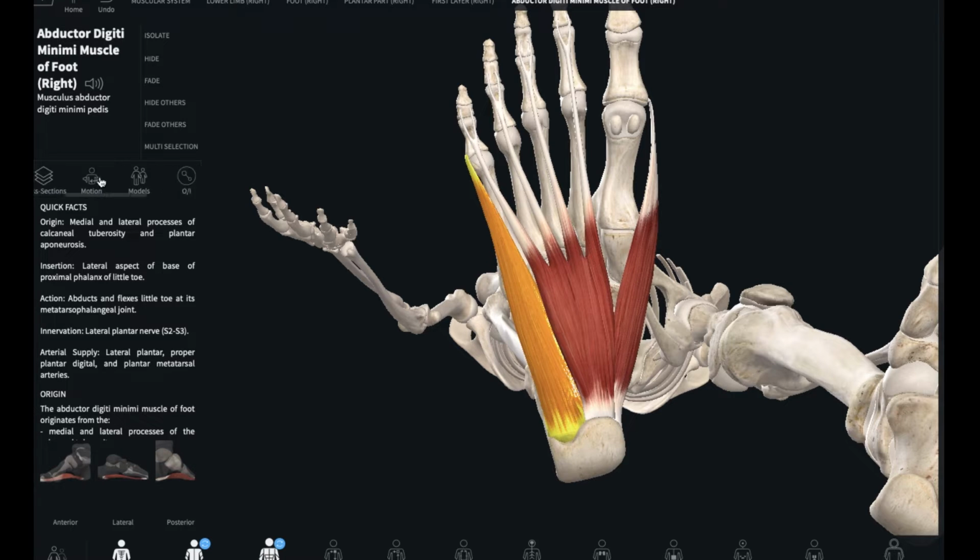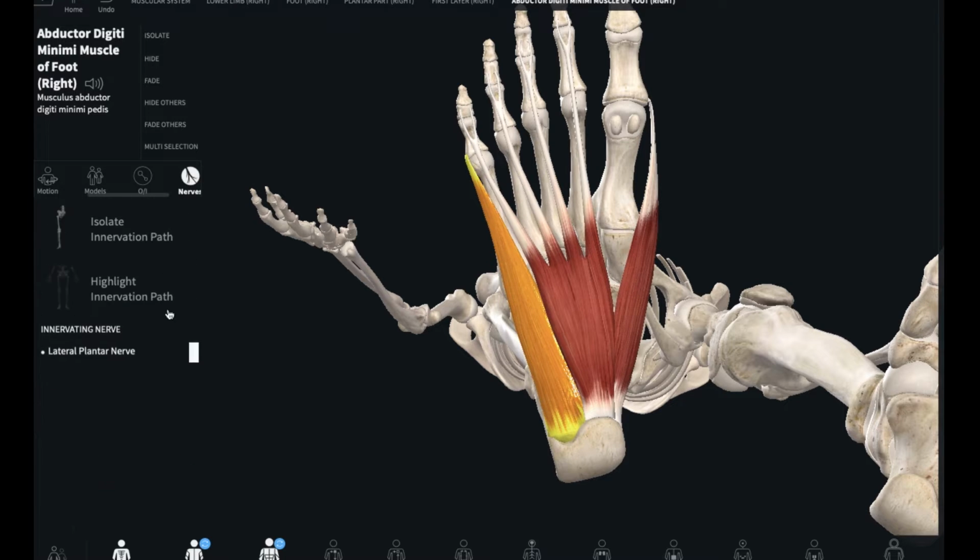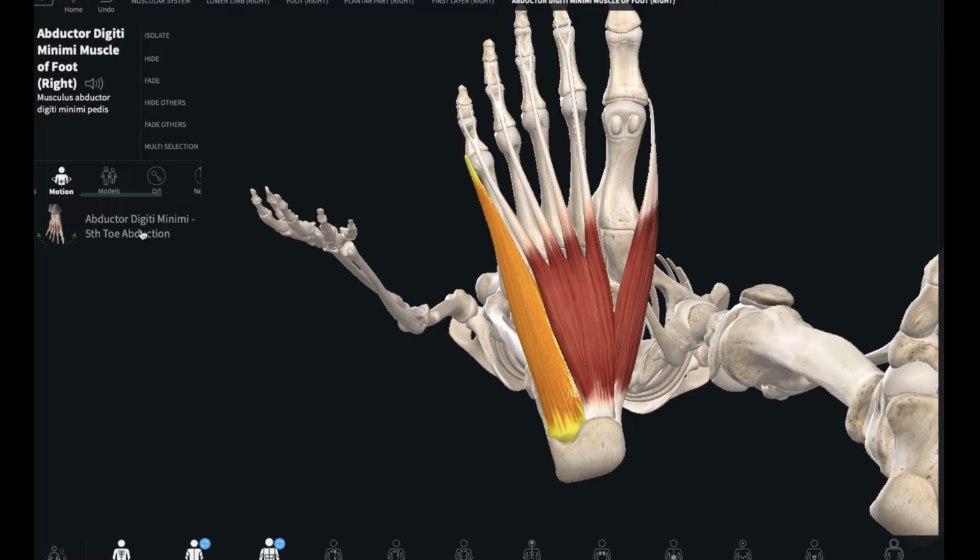Let's go and check the nerves. Okay, so the lateral plantar nerve. Makes sense, it's on the lateral side. And might as well look at the motions too. So because it's on this side, it would make sense that it would do abduction.